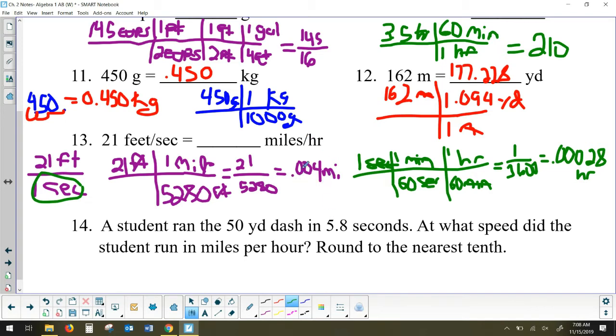So we're going to take our miles and divide it by our hour of 0.00028. Miles divided by hours. We end up with 14.23 miles per hour.